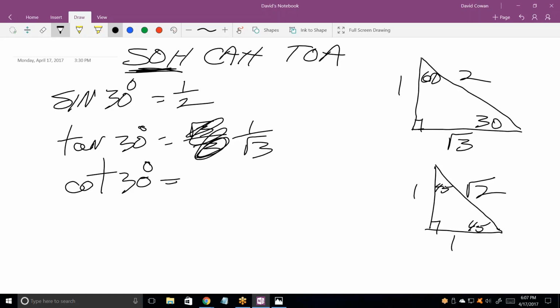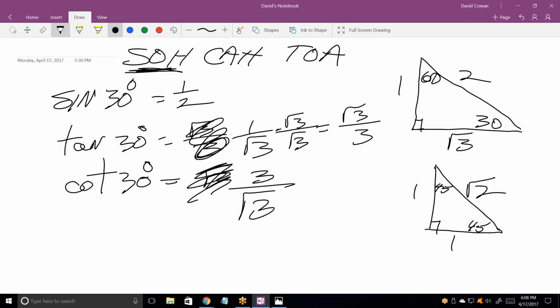Root 3. See, it's much easier if you haven't rationalized it. Because if I've rationalized it, I get root 3 over 3, and now the cotangent is 3 over root 3, and it needs to be rationalized again. Well, you still get the same answer, root 3.